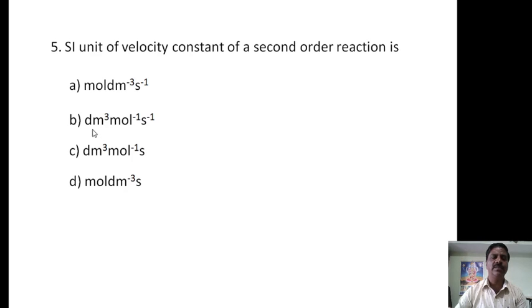Concentration is expressed in terms of mole per cubic decimeter, and it is in the denominator, so it became cubic decimeter per mole. Therefore the SI unit of the velocity constant or rate constant of a second order reaction is cubic decimeter per mole per second.